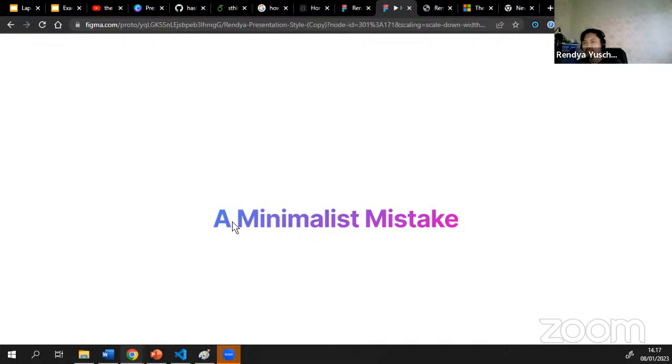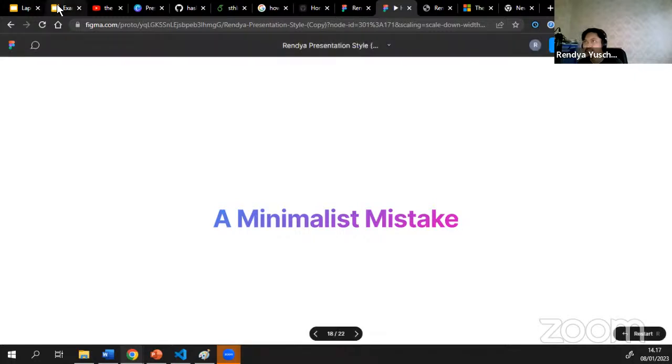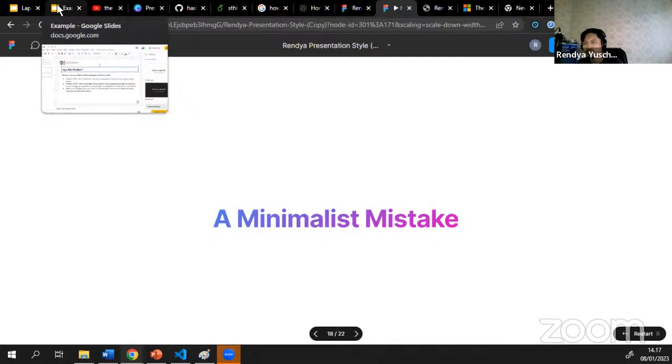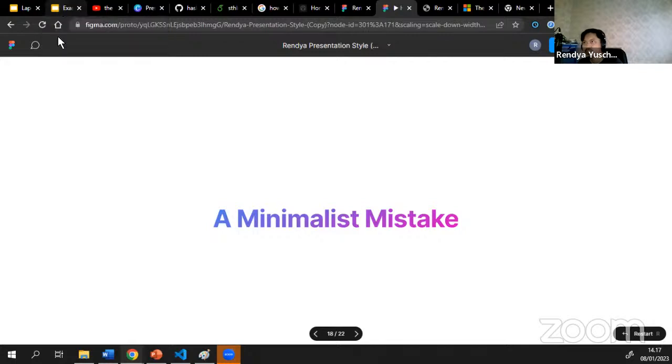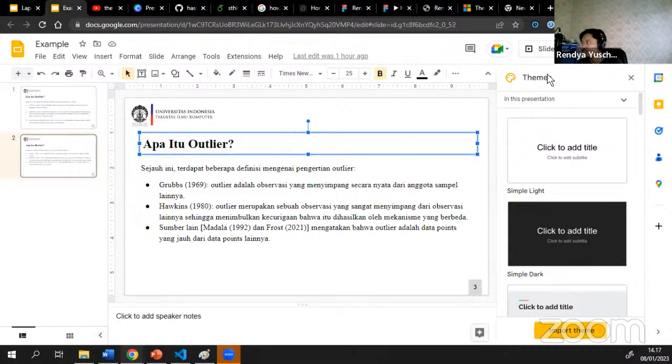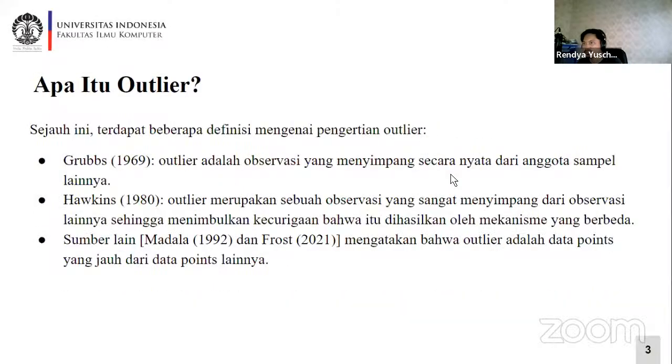A minimalist mistake is when you want to make a minimalist presentation, or at least the look of a minimalist one, but you fail because it feels too lazy. It feels unprofessional.